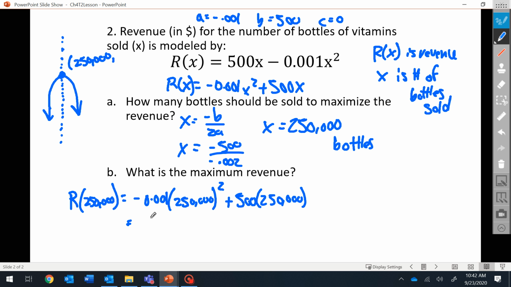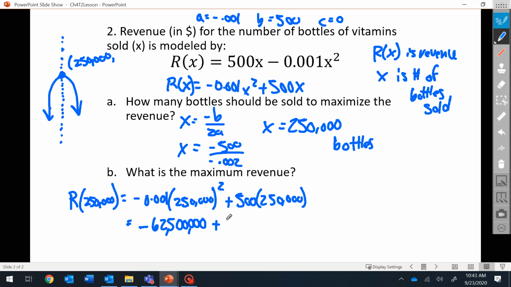So 250,000 squared is a huge number, times negative 0.001 is still pretty big, negative 62,500,000.